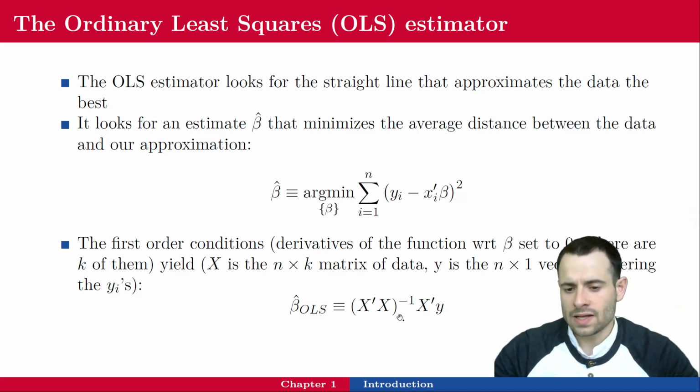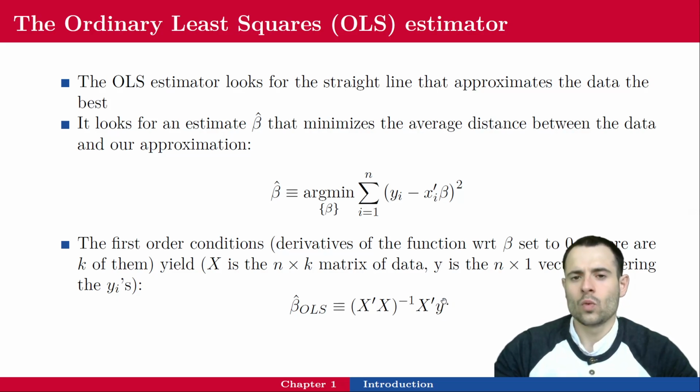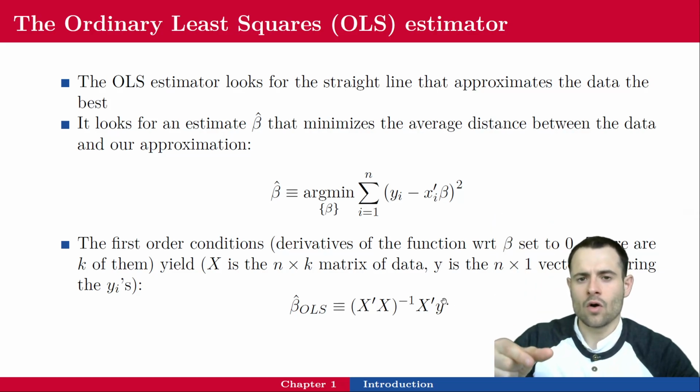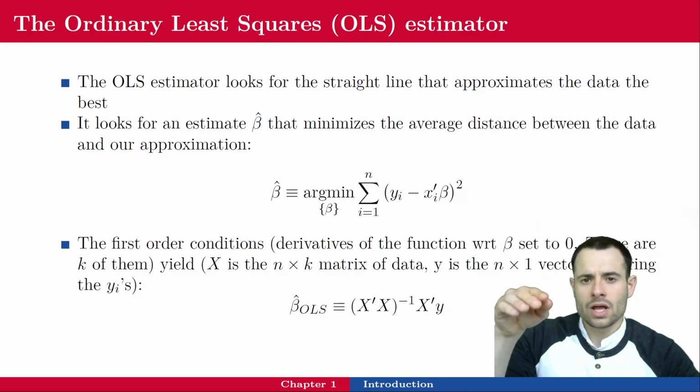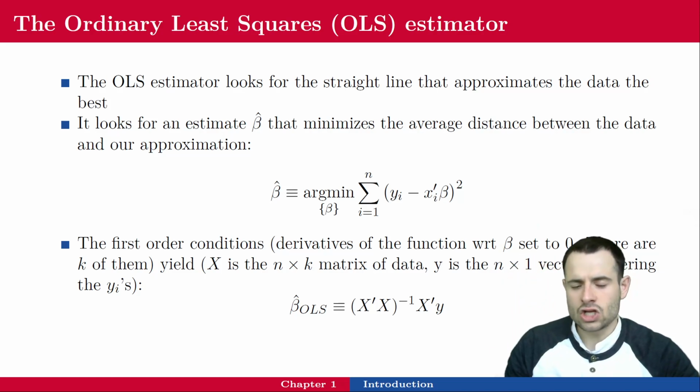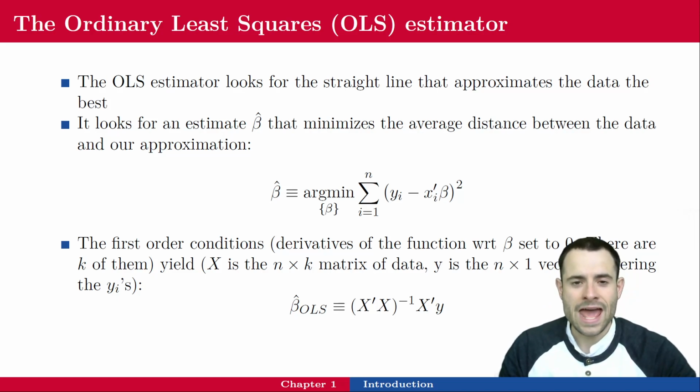Then you multiply this by the transpose of your matrix, and finally times your vector y, which gathers all of your yi's. So it's going to be a column vector, one column, and each row is the observation y for each observation. So we get n different rows in that vector.